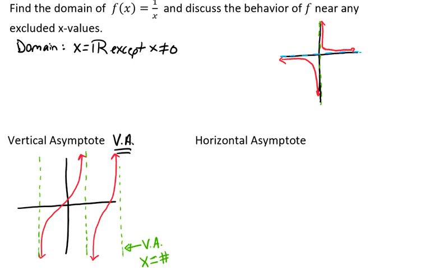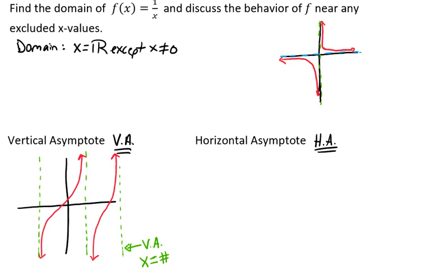These are what we call vertical asymptotes because the asymptote is vertical. And this is going to be x equals some number. So it means that our x can approach from the right or it can approach from the left, but it never actually gets there. Let's talk a little bit more about horizontal asymptotes.